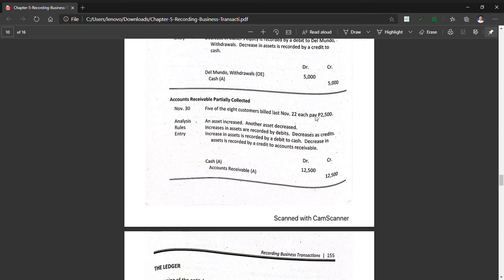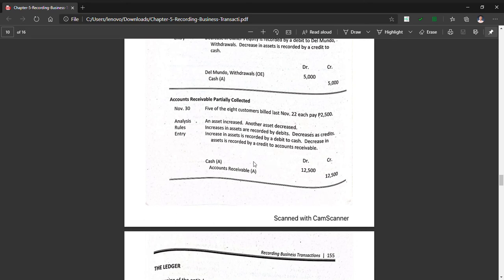Tapos dahil nga nagbayad na yung customers natin, lumiit yung mare-receive natin. So, lumiit yung accounts receivable. So, that is another decrease in the asset. So, yung accounts receivable, that is an asset, right? So, dahil nagbayad na sila, lumiit yung accounts receivable, decrease in asset.